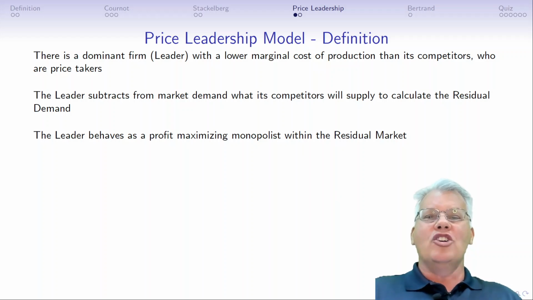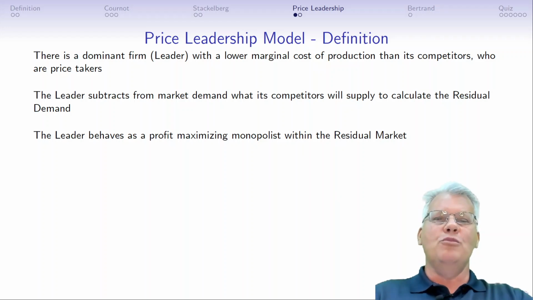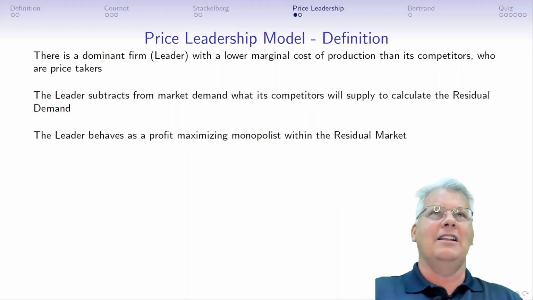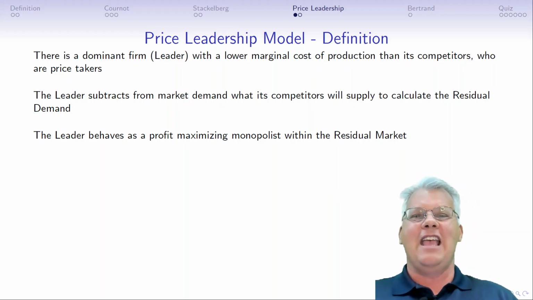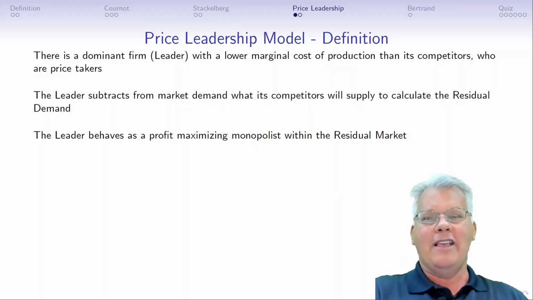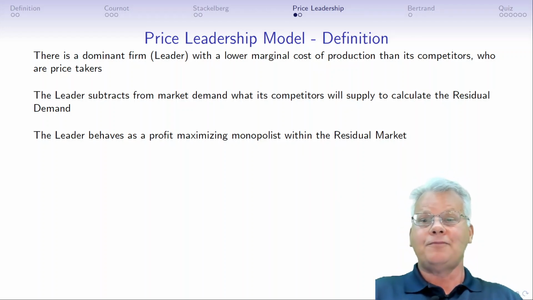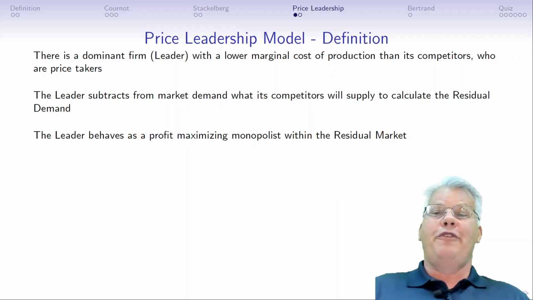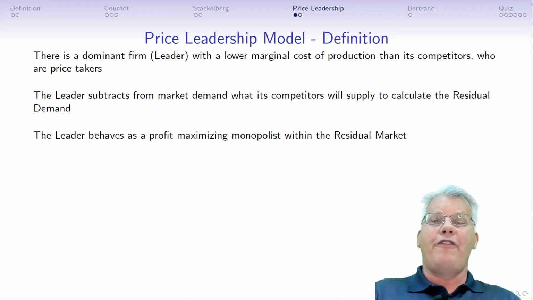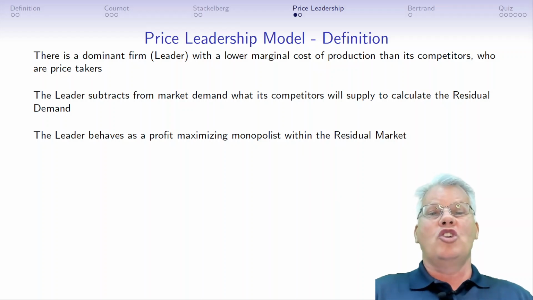The price leadership model would be where the two firms move in sequence, and rather than set quantity as we did in the previous example, the firms move in sequence, but they set price. And hence, we call it the price leadership model. So there is a dominant firm, the leader, and usually the way that a firm can become the leader firm is that they have a lower marginal cost of production.